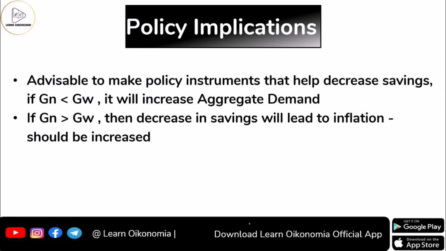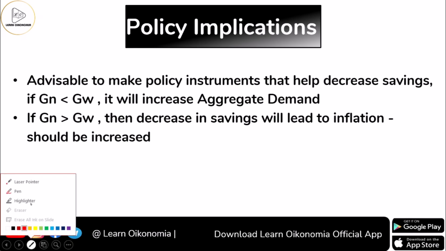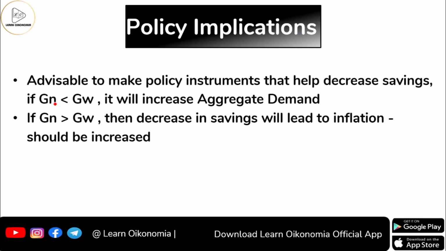It says that if your natural growth rate is less than the warranted growth rate, then this will be increasing the aggregate demand in the economy. What happens here is that this is the natural growth rate that you can attain given your natural resources, and this is the warranted growth rate that you will have at the full employment level.